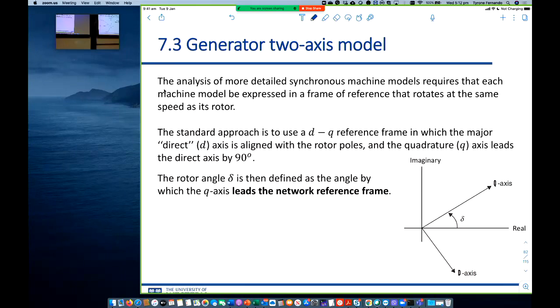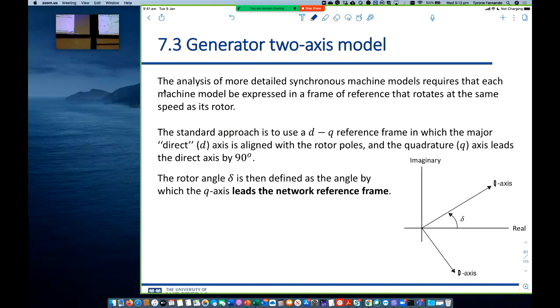We can also think about another reference frame, let's call it the DQ frame, where the real and imaginary axes are both rotating at some angle omega.